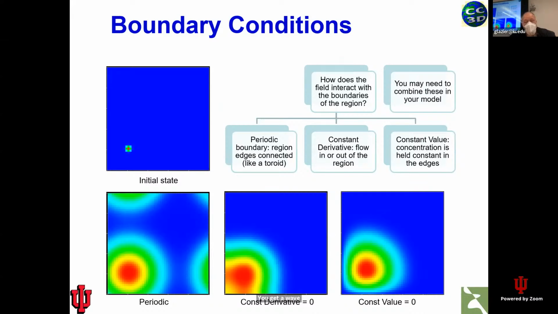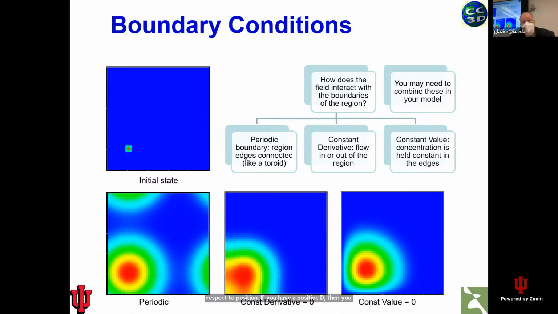If you think about it in one dimension, dx by dt equals D times the second derivative of x with respect to position. If you have a positive D, then you get a decaying exponential solution.